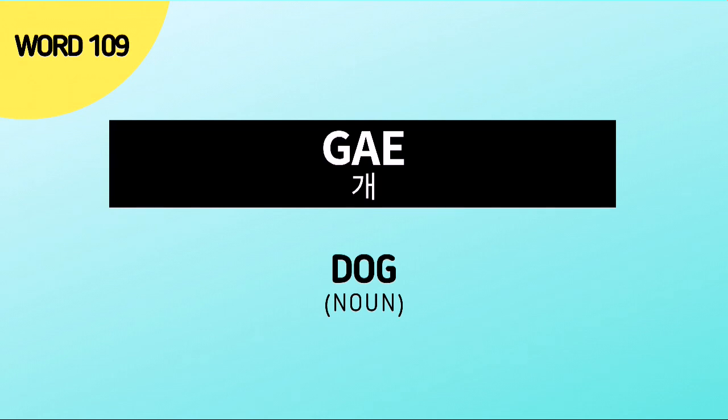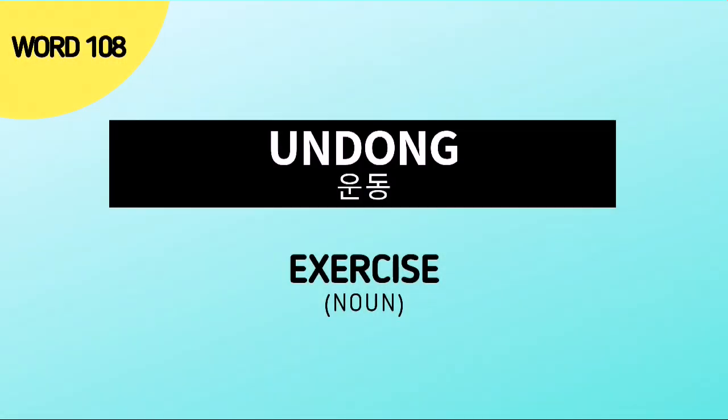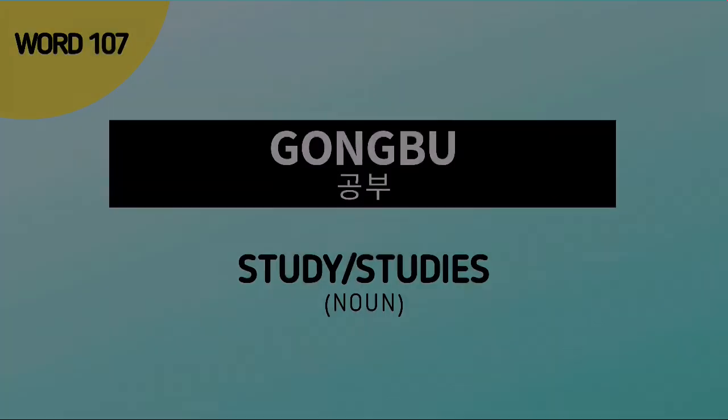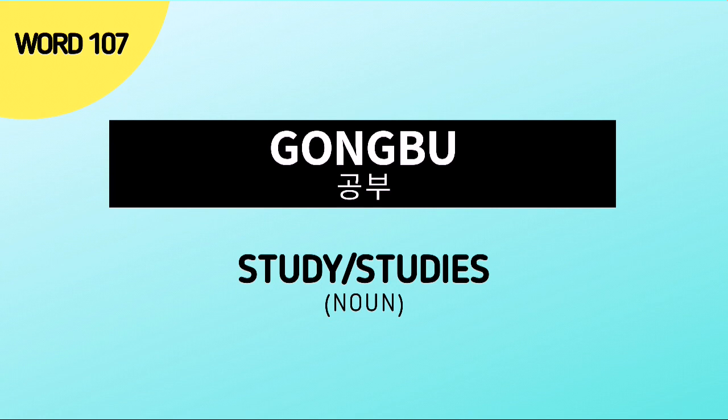Word number 109 is 개, and this is the Korean noun for dog. Word number 108 is 운동, and this is the Korean noun for exercise. Word number 107 is 공부, and this is the Korean noun for studies.